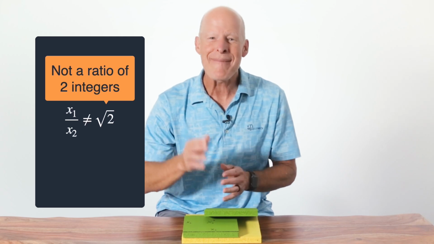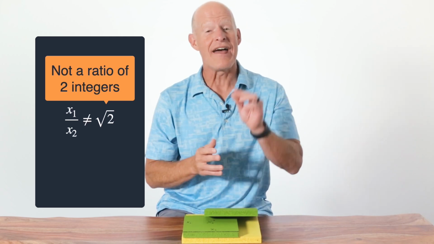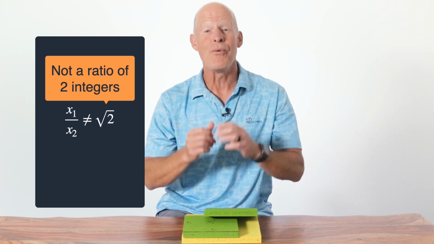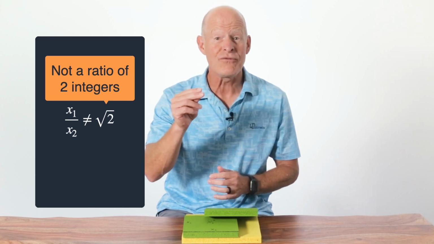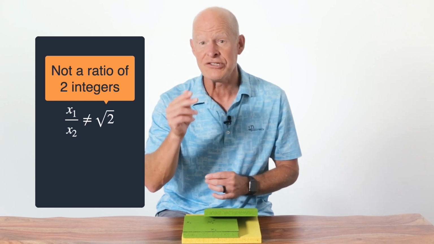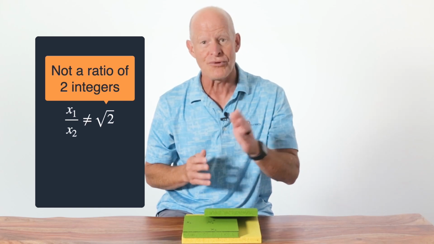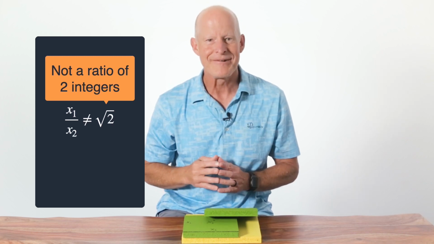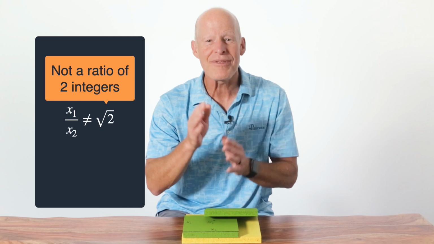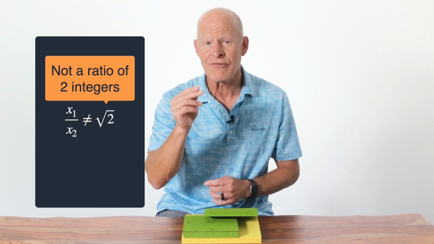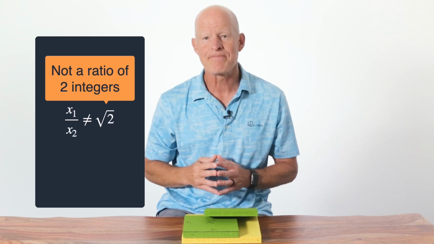And that, my math colleague, tells us that root 2 must be irrational. We can make that claim because if root 2 was rational, then it would have integer solutions for x1 and x2, and we just proved that they do not exist. Yes, this is more than a problem about squares. It is a story about proving root 2 is irrational.